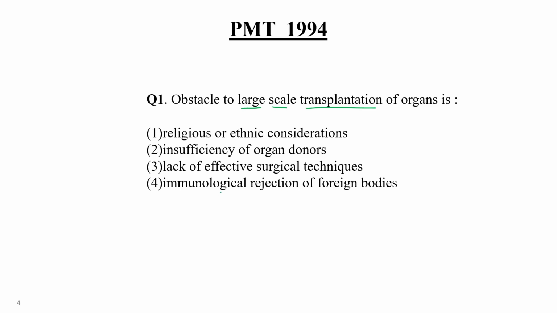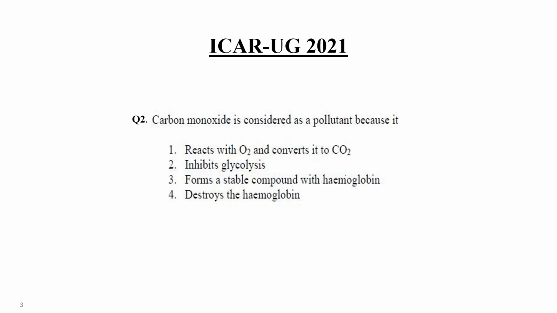So quickly the body's immune system shows a kind of immunological rejection. So this is the most important obstacle for large scale transplantation technology. So the correct answer would be choice number 4. Clear? Now let's discuss the second question related to these topics.